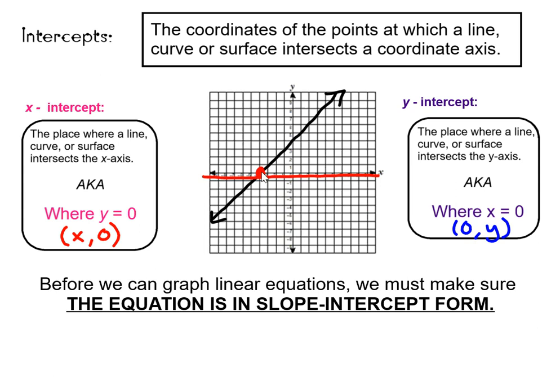And in that situation, our x-intercept would be at (-4, 0). That is the x-intercept. To look at a y-intercept, we want to see where our graph crosses our y-axis. In this case, our graph crosses right here. So that crosses at (0, 4). That's also known as our y-intercept.